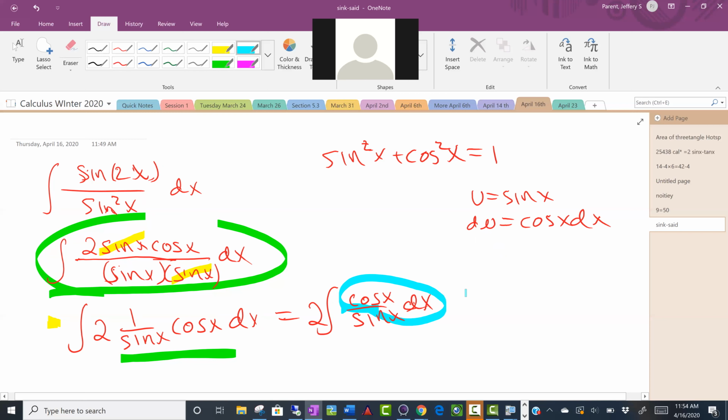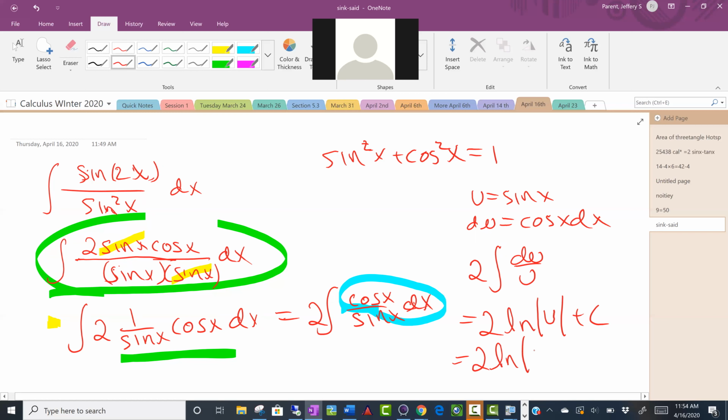And then what am I left with? I'm left with 2 times the integral of du over u. But that's just the log. So it's 2 ln of u plus your constant, and then 2 ln of sine of x.